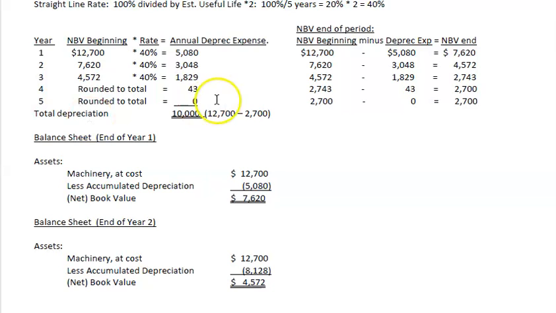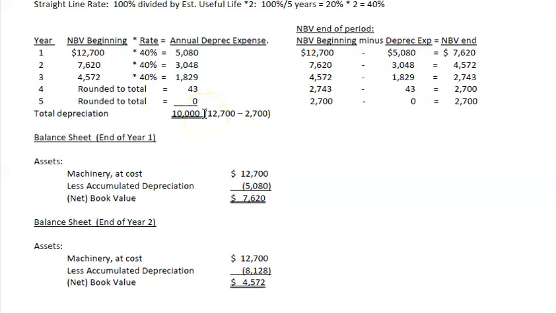By year 4 you've depreciated it almost down to where you want it to be. You've only got $43 left. So that's your depreciation expense for year 4 and nothing for year 5. This is assuming I did the calculations correctly, so I hope so.